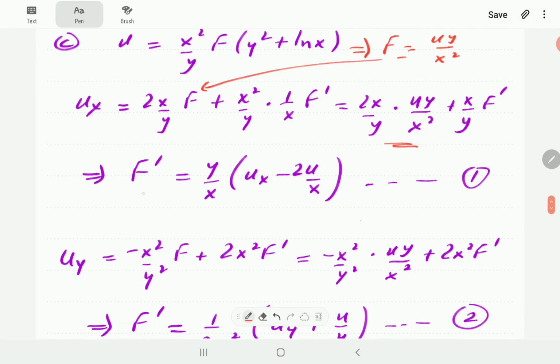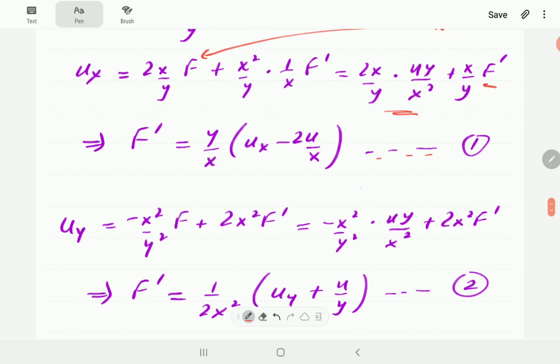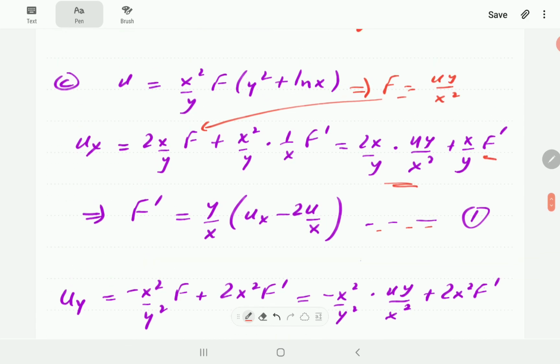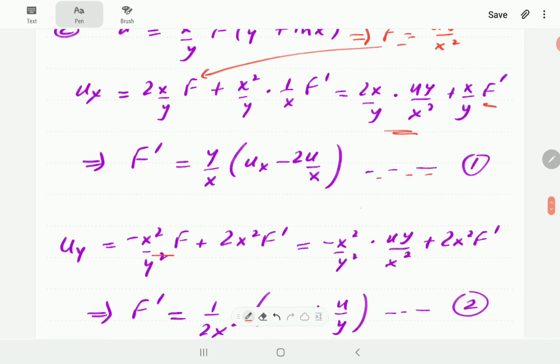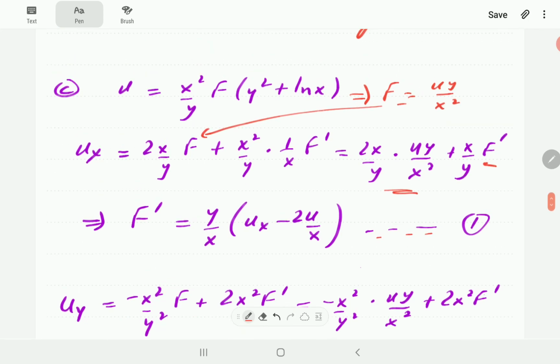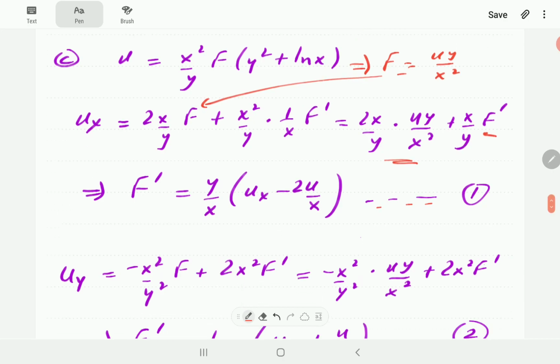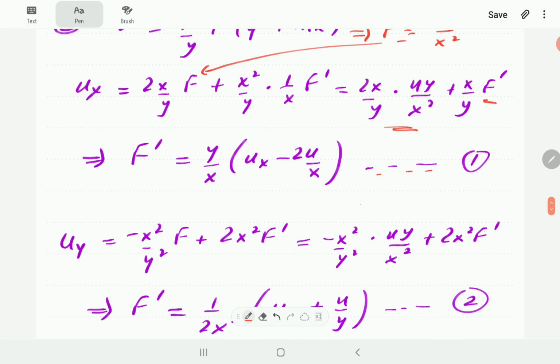And then after that we can make f prime the subject of the formula, which we have here in equation number 1. Then differentiate this thing now with respect to y. Again, we're going to have to use the product rule because we've got y here and y there. So if we differentiate the first one, and then when we differentiate this one, is going to give us 2y. We multiply into that, so that is going to be just 2x squared.